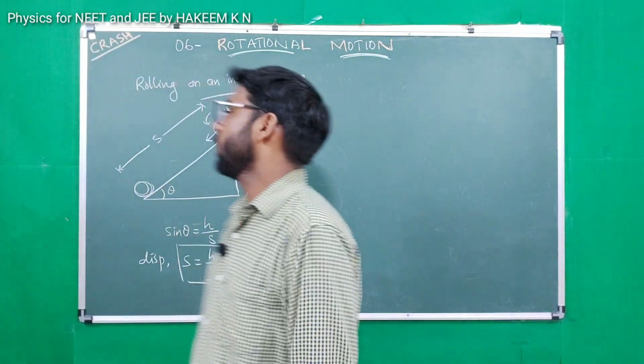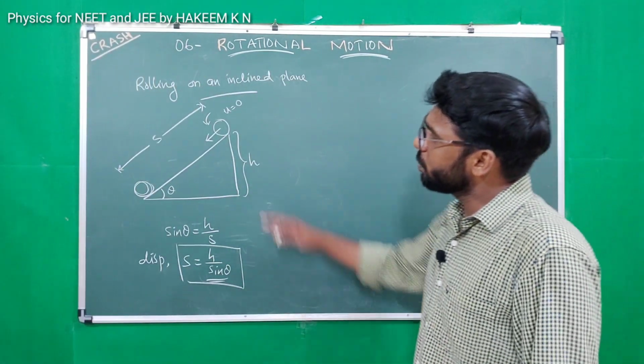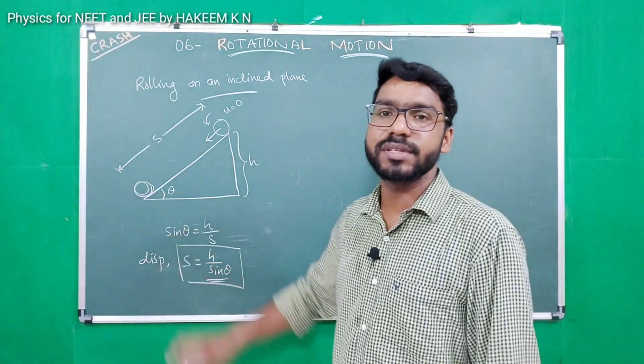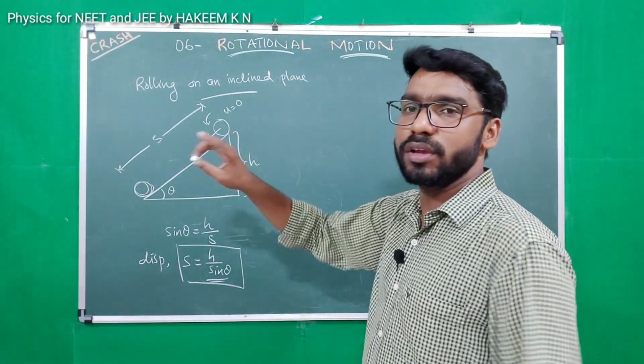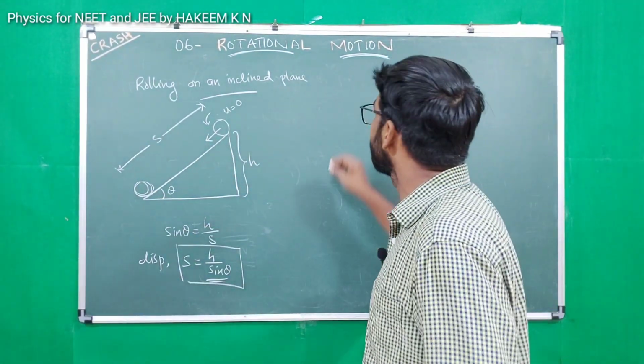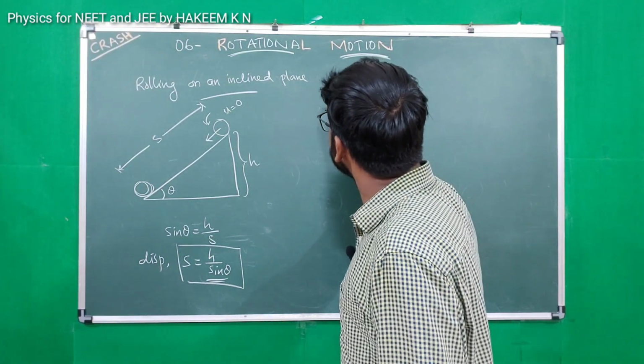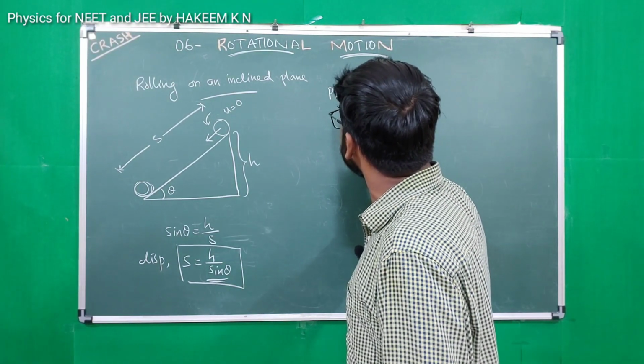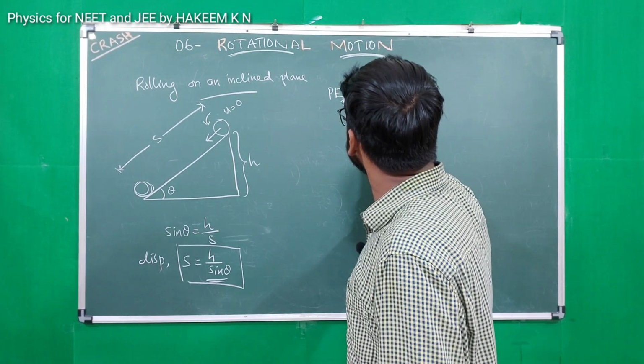Now, what will be its velocity when it reaches the bottom? According to the law of conservation of mechanical energy, potential energy at the top equals kinetic energy at the bottom.